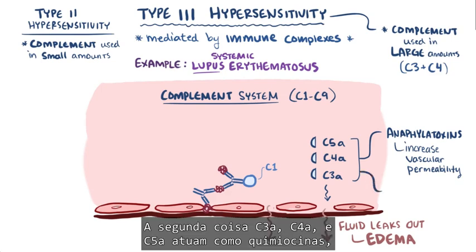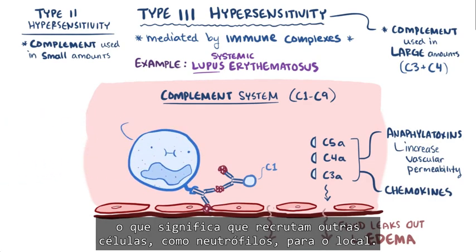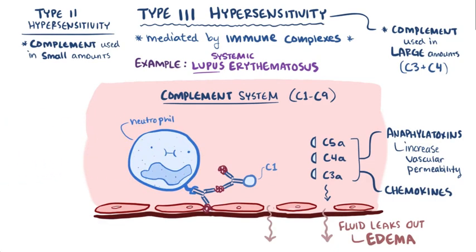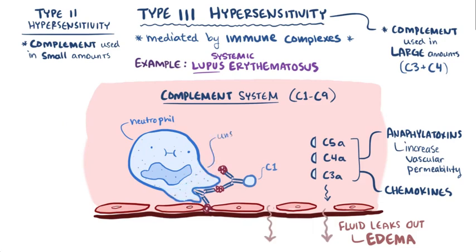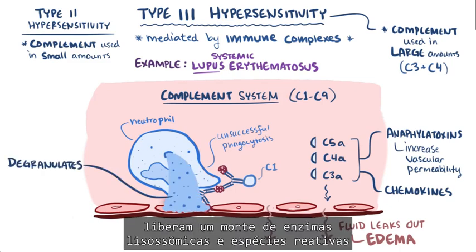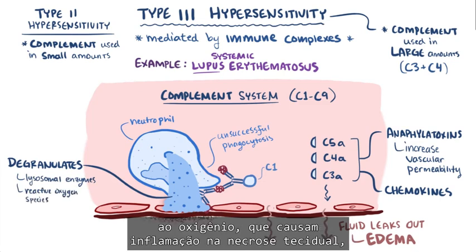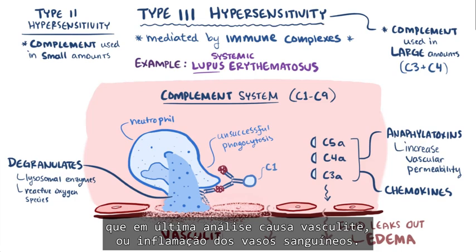The second thing C3a, C4a, and C5a do is act as chemokines, meaning they recruit other cells like neutrophils to the site. Now, once neutrophils join the party, they try and phagocytize the immune complex, but usually they can't. During this process, they degranulate, meaning they dump a bunch of lysosomal enzymes and reactive oxygen species which cause inflammation and tissue necrosis, which ultimately causes vasculitis, or inflammation of the blood vessels.